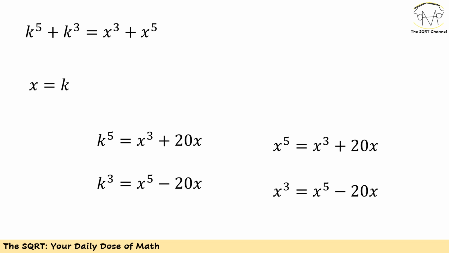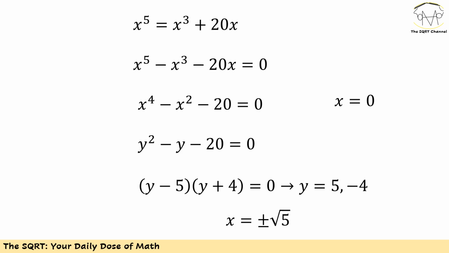I want you to understand that they are exactly the same. So if you remove everything to the left hand side, for both cases you are going to end up with x to the power of 5 minus x to the power of 3 minus 20x equals to 0. Basically, we just need to solve one problem or one equation.